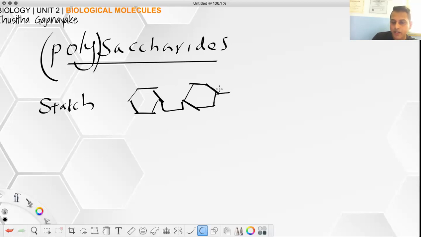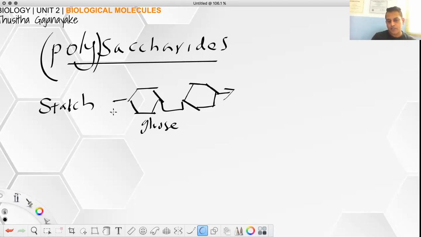I can't add all of them, I just add many units like this: glucose molecules join together to make the starch molecules.